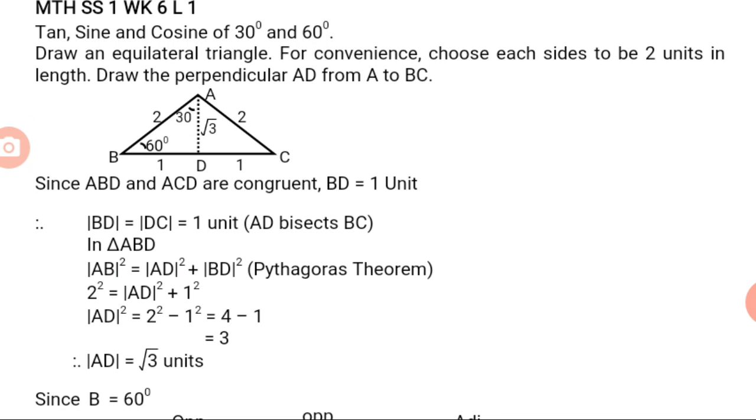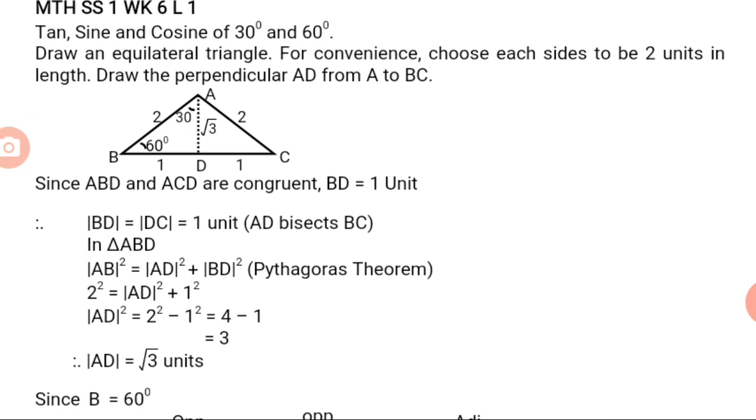Now we want to look for line AD. Therefore, line AD square is equal to 2 square minus 1 square. That is 2 times 2 equals 4 minus 1 times 1 equals 1.